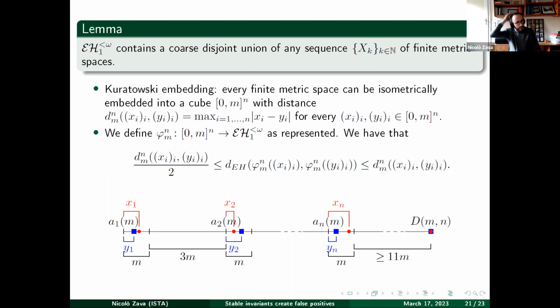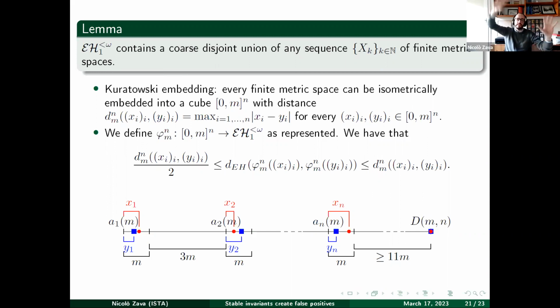So the fundamental lemma would be: take any family of finite metric spaces, like our pathological example that we want to embed in this space here, consisting of finite metric spaces that are embedded, in our case by bi-Lipschitz embeddings, into this big metric space in such a way that the pairwise distance between these finite pieces tends to infinity.